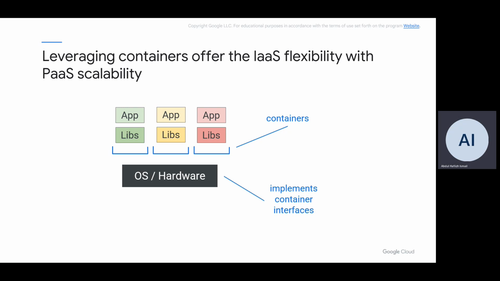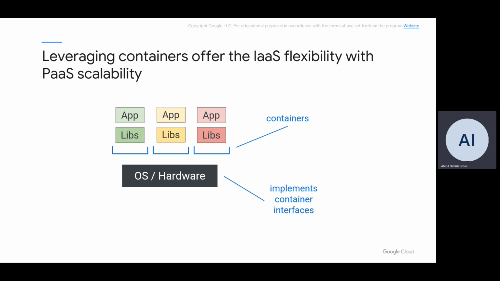So that's where containers come in, and the idea of a container is to give you the independent scalability of workloads in PaaS, platform as a service, and an abstraction layer of the OS and hardware in infrastructure as a service. So it only requires a few system calls to create, and it starts as quickly as a process.